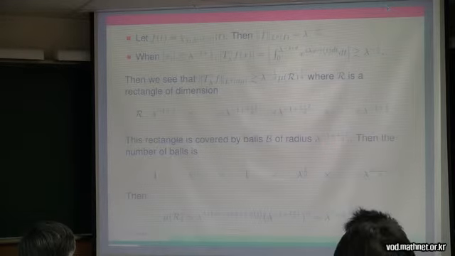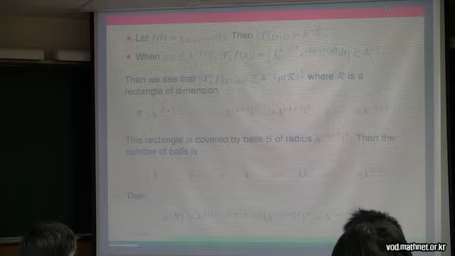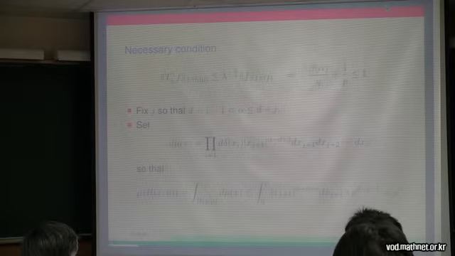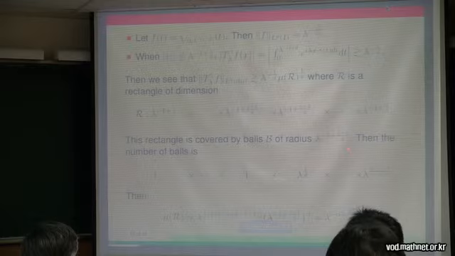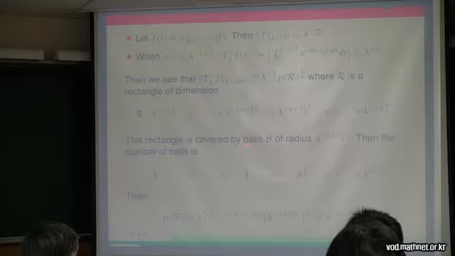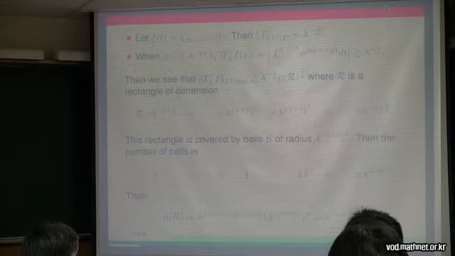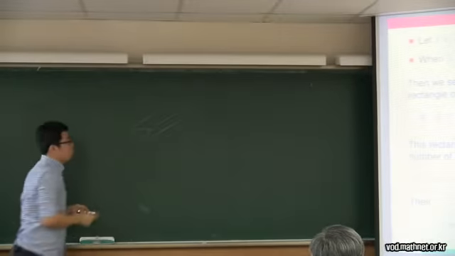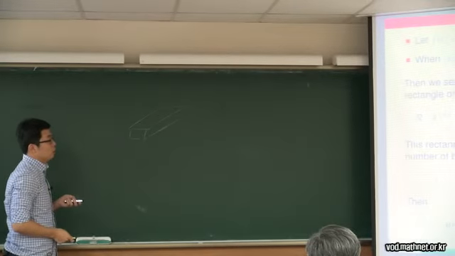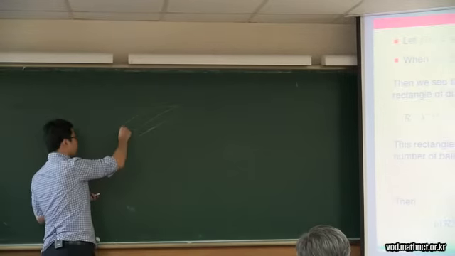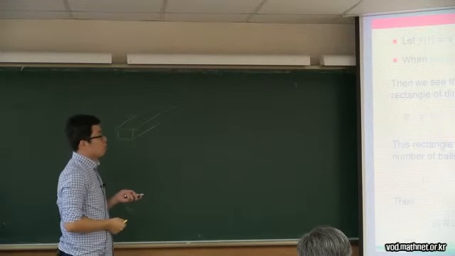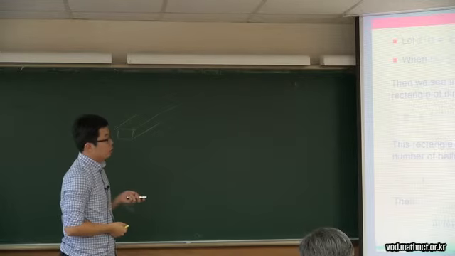The reason why we choose this radius is from the dimension alpha. We fixed the dimension alpha to be between d minus j minus 1 and d minus j, so we choose this radius. So the radius is bigger than some dimensions, so the number of balls is like this.